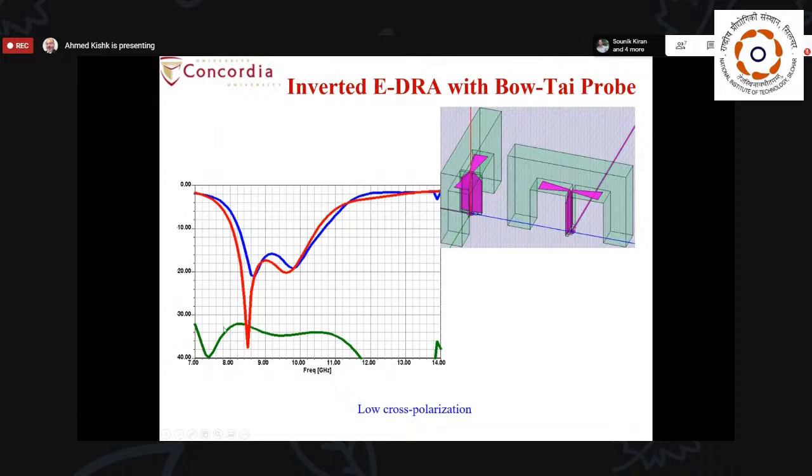And by this, you can see that I have very good isolation between the two polarizations, because no contribution is coming from this vertical portion of the excitation, because this is a non-radiating microstrip line. So this vertical part is not contributing, and the contributions are coming from the perfectly orthogonal bow-tie that excites this dielectric resonator.